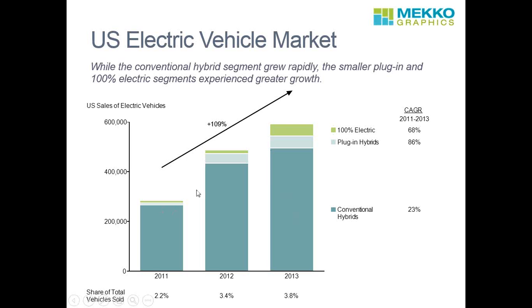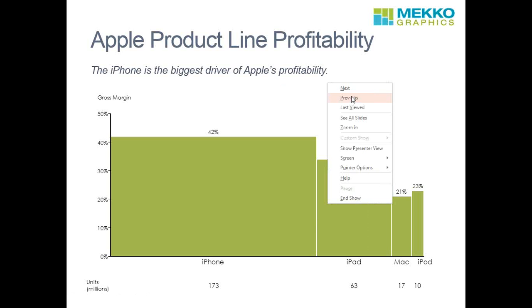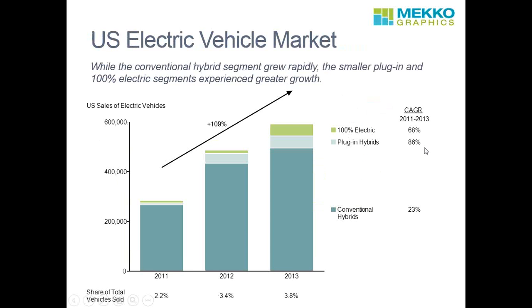I added the growth line to show overall growth, and then I added a CAGR column to show growth of each market segment. And the message in the CAGR column is that while conventional hybrids are growing at a good rate, 23%, plug-in hybrids and 100% electric vehicles are growing significantly faster at 86 and 68% respectively.